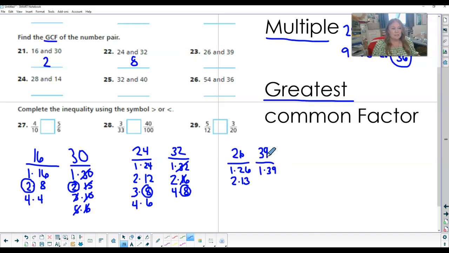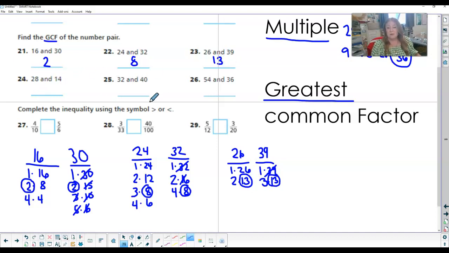I know 2 can't because it's odd. 3 can. 3 and 13 make 39. 4 can't because it's not even. 5 can't, it doesn't end in a 0 or a 5. 6 can't because it has to be even, and 3 has to go into it. 2 times 3 is 6. So 7 can't, 8 can't, 9 can't, 10 can't. Oh, so our biggest number that goes into both of them is 13. They both have 13 as a factor.